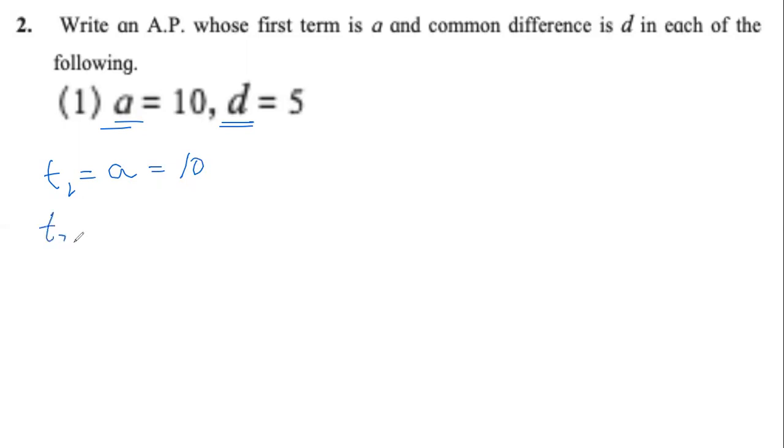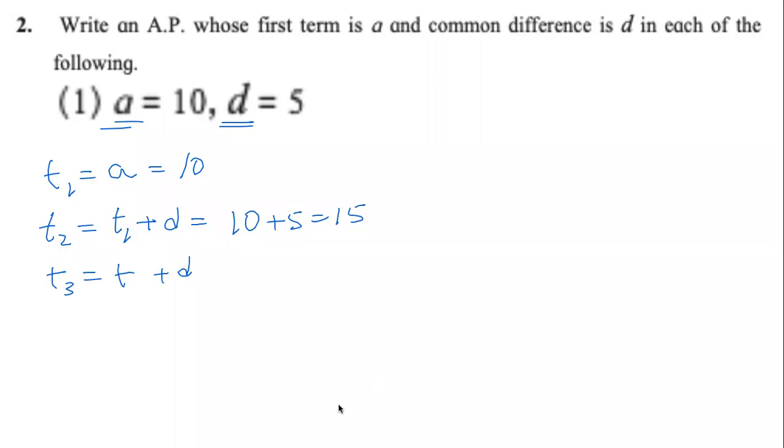Now T2. We get T2 by adding the common difference to the previous term, which becomes T1 is 10, D is 5, so it is 15. Now T3 will be T2 plus D. We will add D to the previous term.